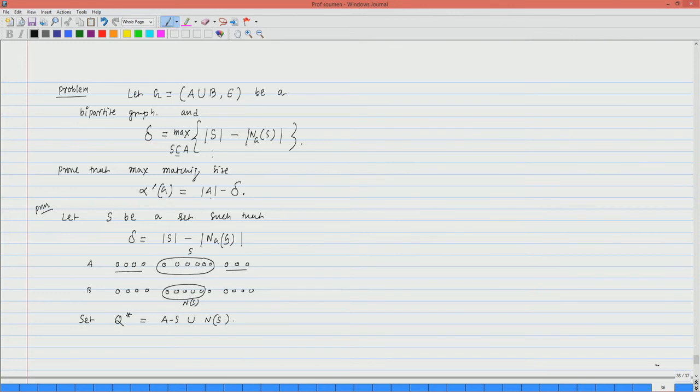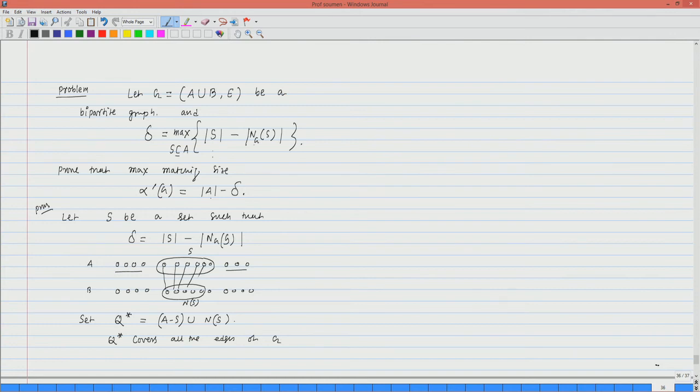It is not difficult to observe that Q star covers all the edges of G, because the neighbor of S is here.